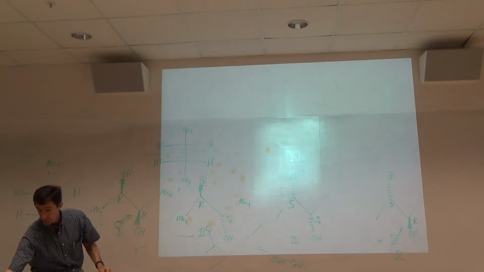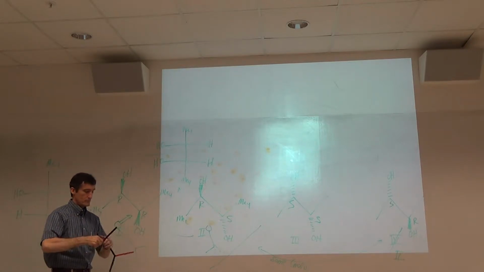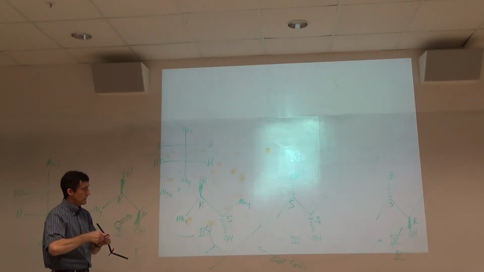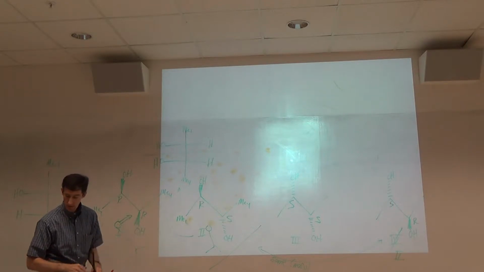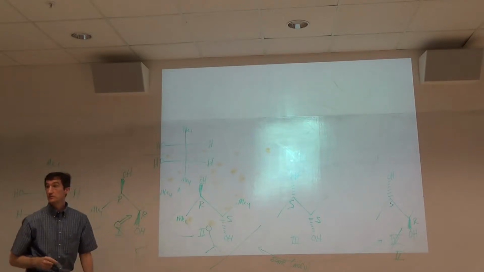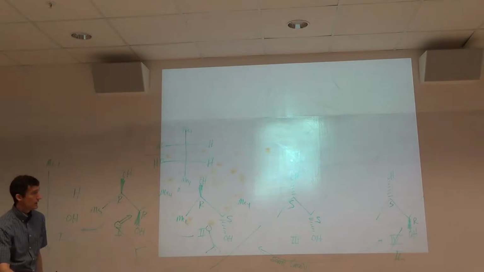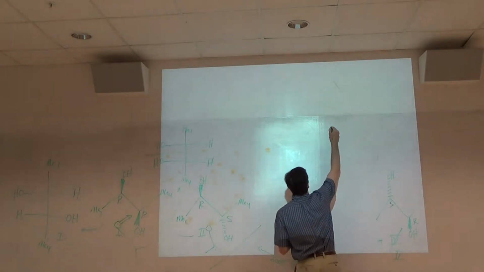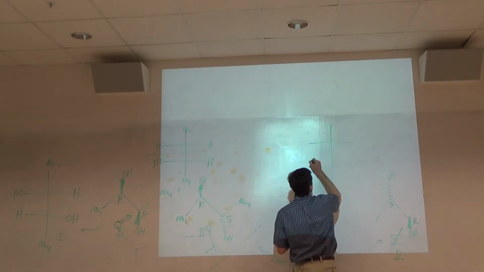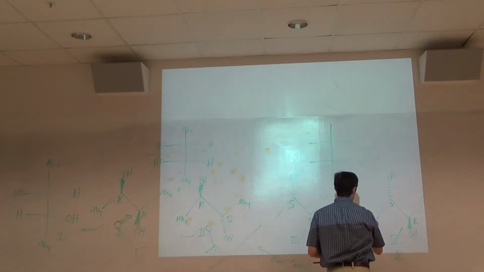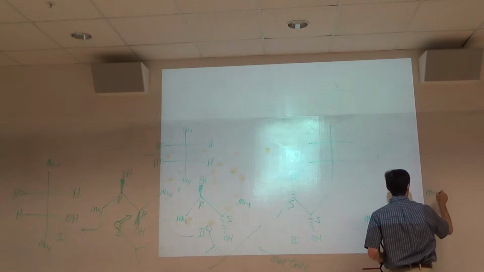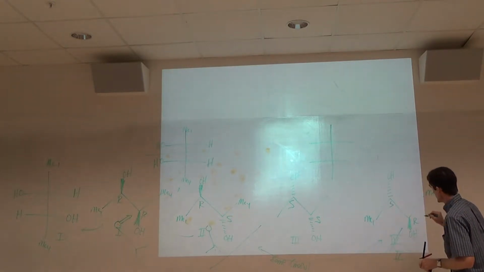Now let's do the other one. We didn't do that in a Fischer projection. Let's do it from scratch. Methyl 1, methyl 4.